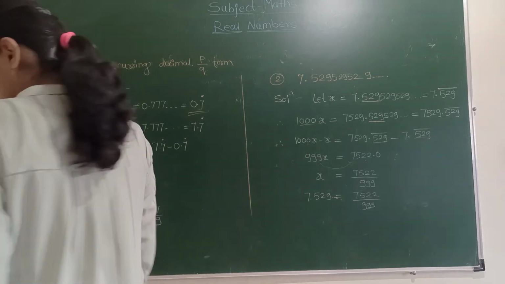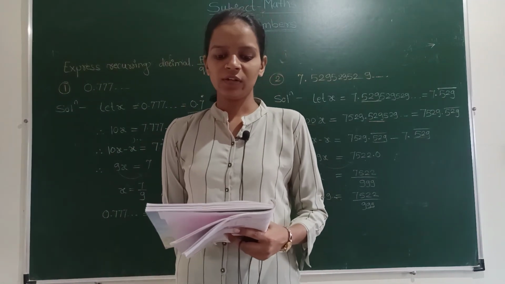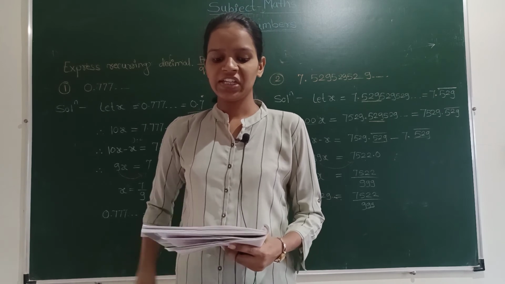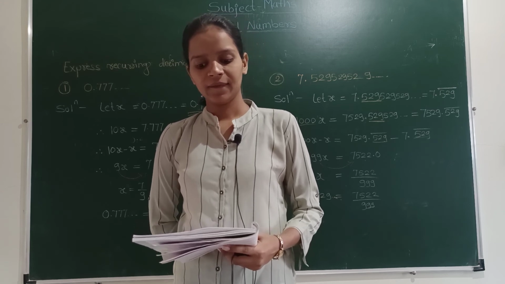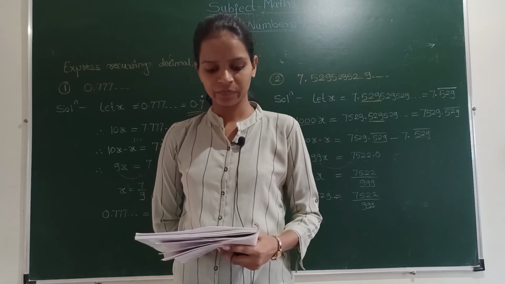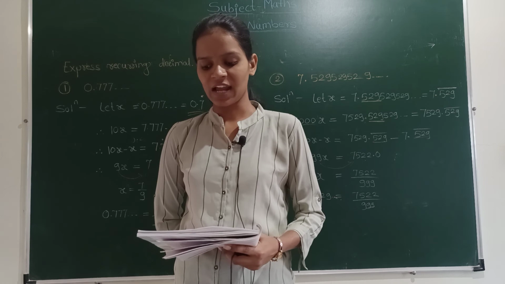In the textbook they have given you a note in brackets, so remember this. Note the number of recurring digits after the decimal point in the given rational number, and accordingly multiply by 10, 100, 1000. I have told you that. And notice the prime factors of the denominator of the rational number.